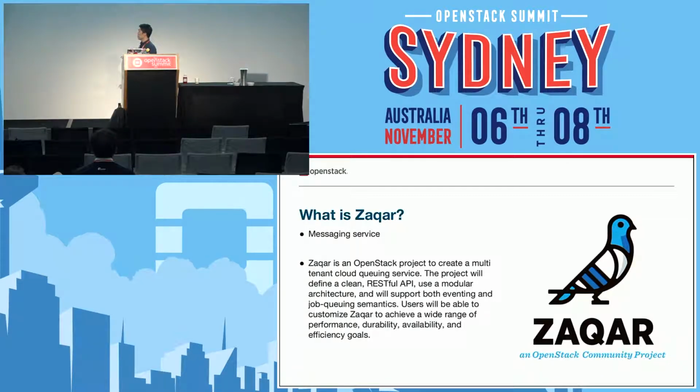Generally, it is targeted at multi-tenants, because it has been asked many, many times: what is the difference between RabbitMQ, Qpid, and ZeroMQ compared with Zaqar? And some questions like, do you have any plan to replace RabbitMQ in the OpenStack world with Zaqar?